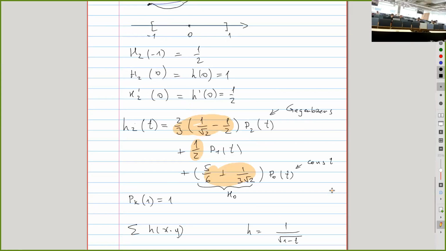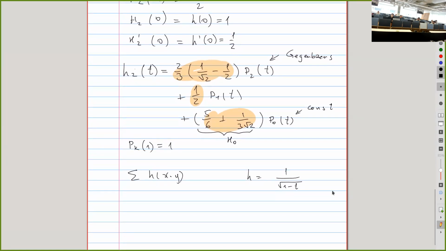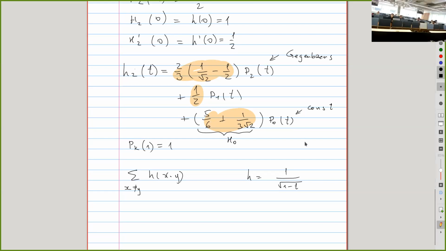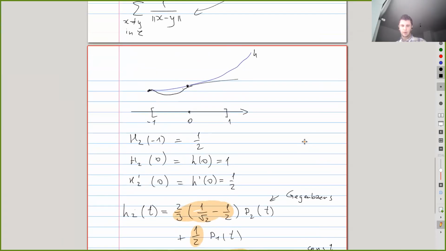You need to put square root of 2 here, otherwise, if you have a factor of square root of 2 at the denominator of h, what you wrote before doesn't look right. So when I drew this figure, I used this guy, right?